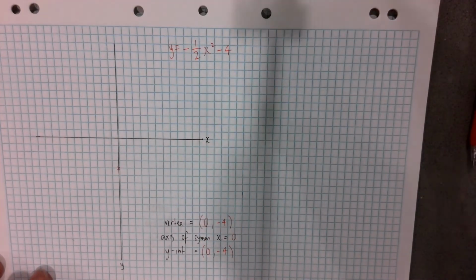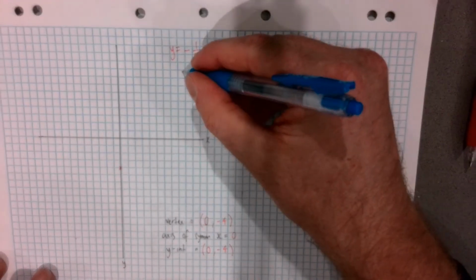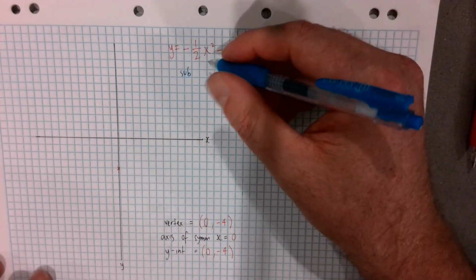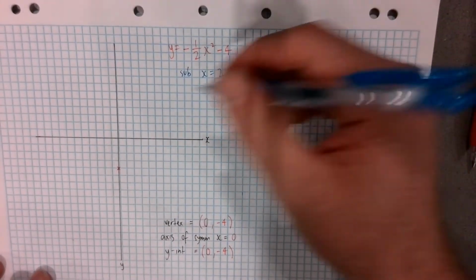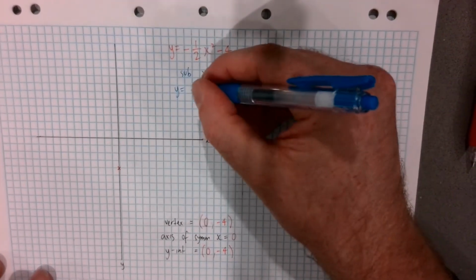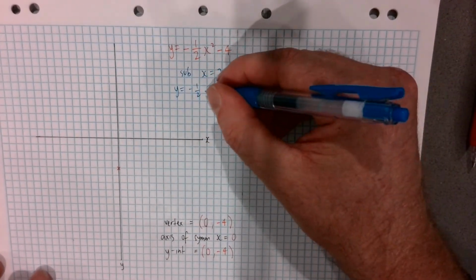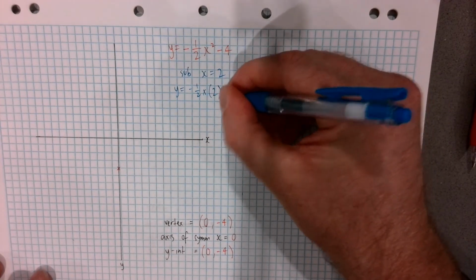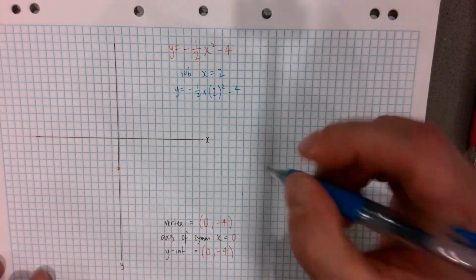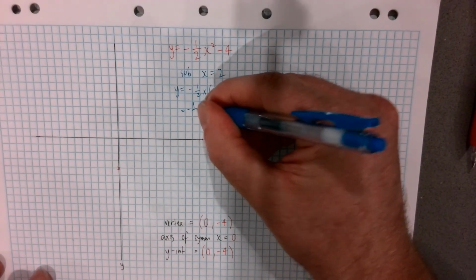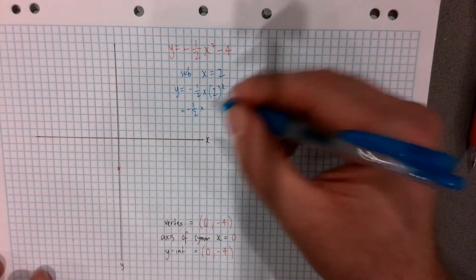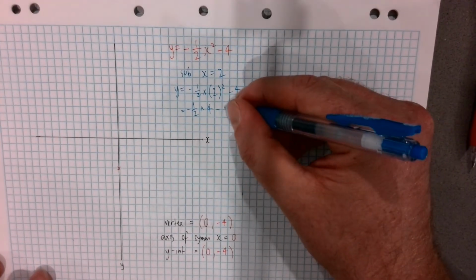So, let's go ahead and substitute. Instead of 1, let's do x equals 2 this time. So we can do y equals minus a half times 2 squared, take 4. Which is equal to minus 1 over 2 times 2 squared is 4, take 4.